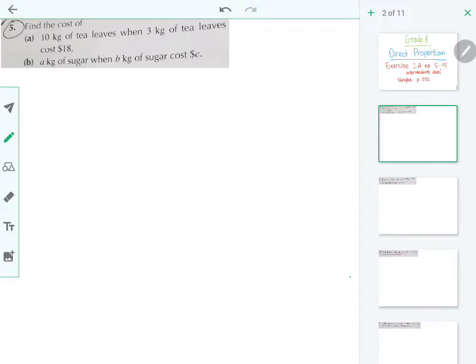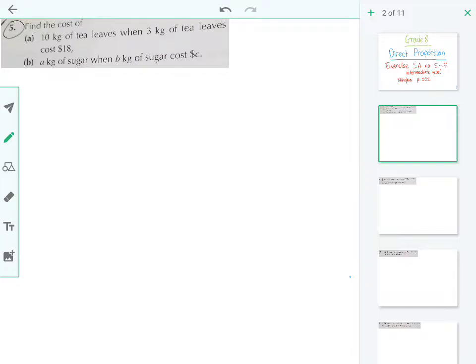Okay, the question is find the cost of 10 kilogram of tea leaves when 3 kilogram of tea leaves cost $18. The idea to solve a direct proportion question is to find the variable first.